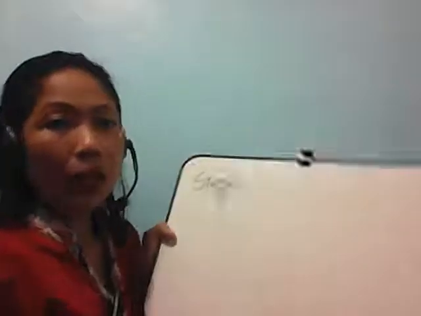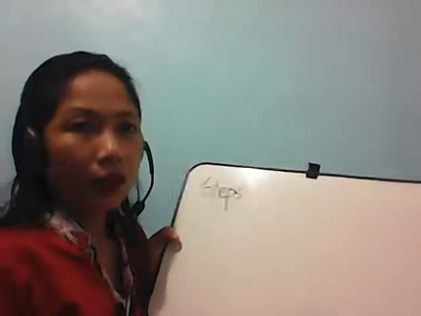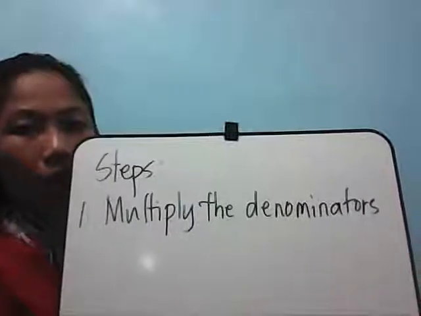Steps in adding and subtracting dissimilar fractions. First, we need to multiply the denominators.